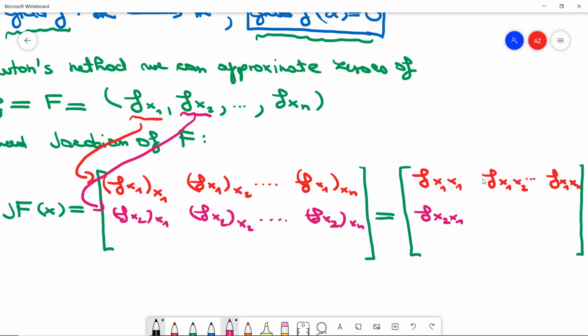So if I'm in the ith row and jth column, then I take the derivatives with respect to xi and xj, and so on.